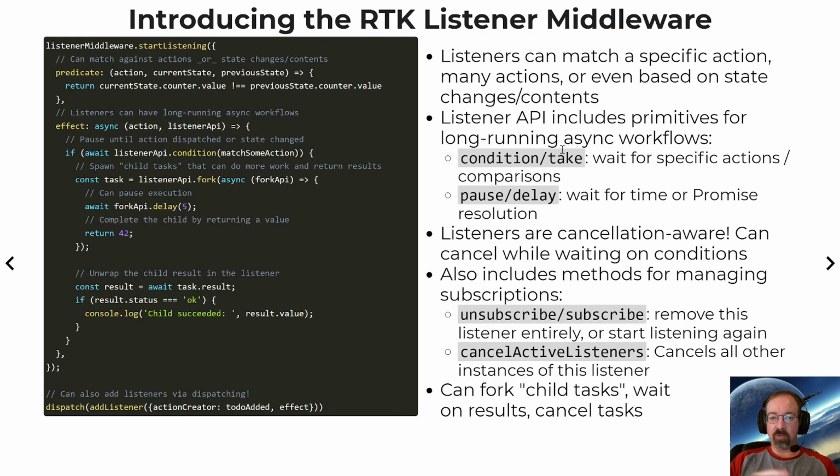We do have primitives for allowing you to run longer running async workflows, like being able to pause until a promise resolves, wait until a certain action is dispatched, or even forking off child tasks to do additional work. So it's a very powerful tool, and I've been very happy to see the way that the community has started making use of it.